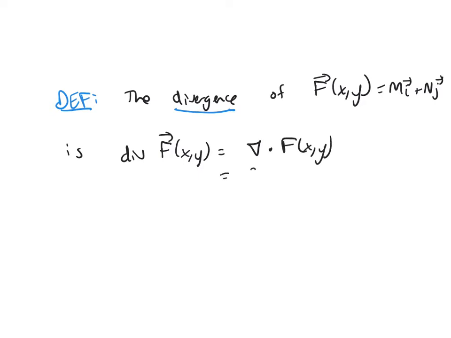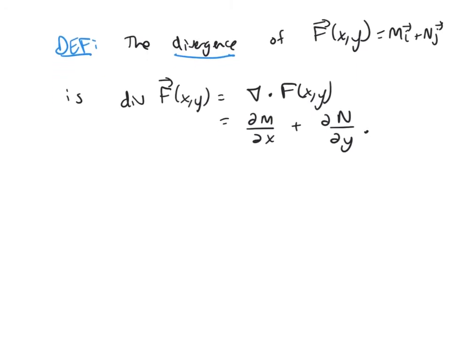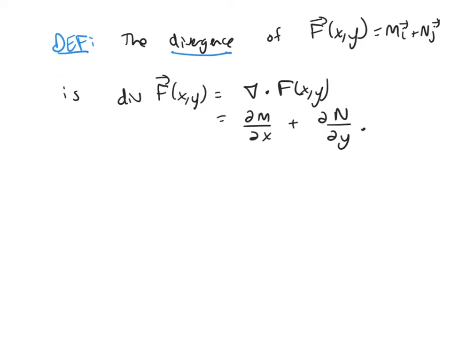So it's the partial of m with respect to x plus the partial of n with respect to y. Now here, you're taking a dot product, which is not a vector. So in the end, you should be getting a scalar, not a vector.